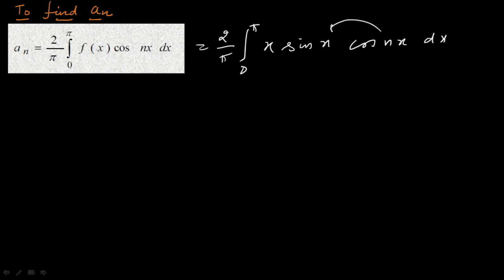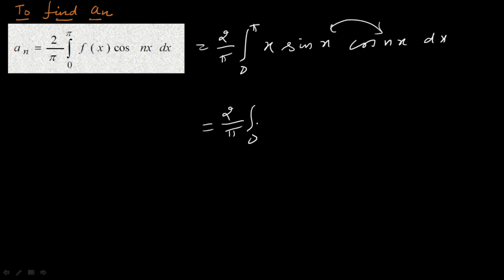So to find an, we make use of this formula, an is equal to 2 by pi integral 0 to pi f of x cos n x dx, that is equal to 2 by pi integral, just replace f of x by the given function, that is x sin x, and cos n x dx. What I am going to do is interchange these two, because in multiplication ab and ba are both equivalent, isn't it?